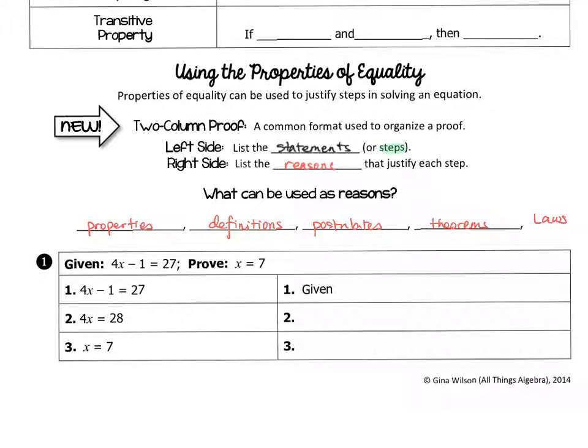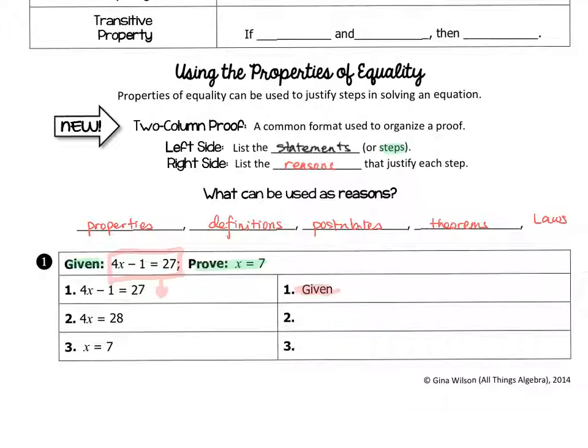Usually it's written in this format: given certain things, and then I'm asked to prove a statement. So what I need to do is I copy down the original problem, write it down in the first row on the left-hand side, and then I would write down given right here to begin my proof.